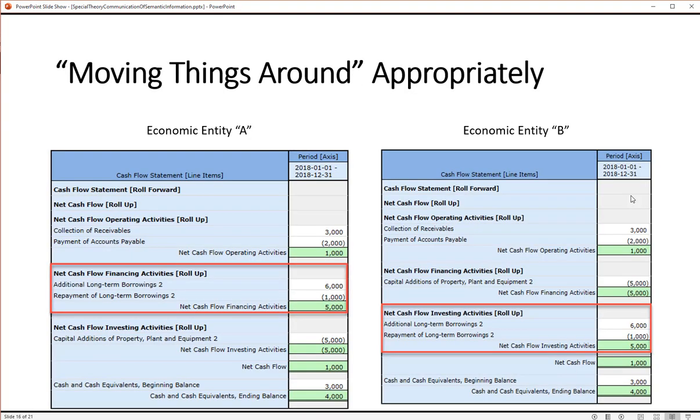So here, you can also move things around, and the system has to be able to control moving things around appropriately. So here you see on the left 2 line items, additional long-term borrowings and repayments of long-term borrowings, being aggregated to net cash flow from financing activities.